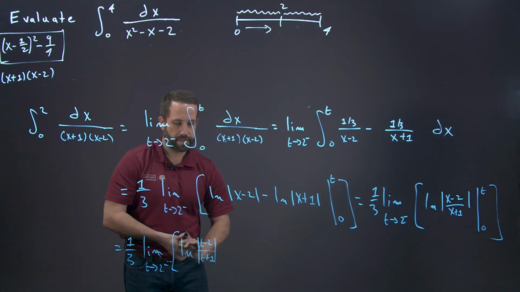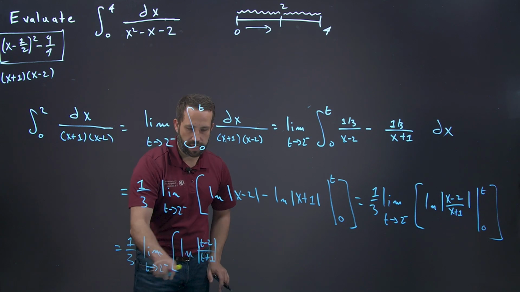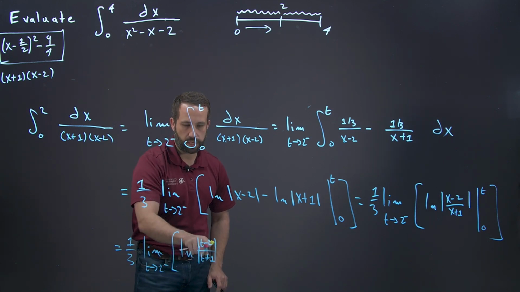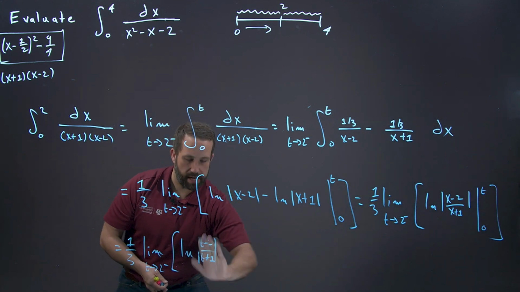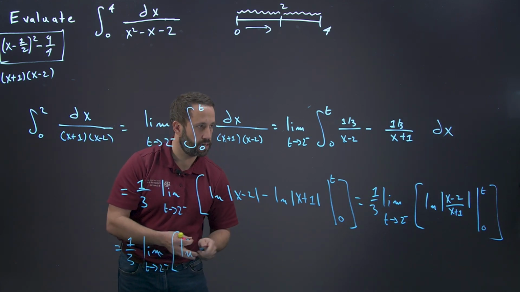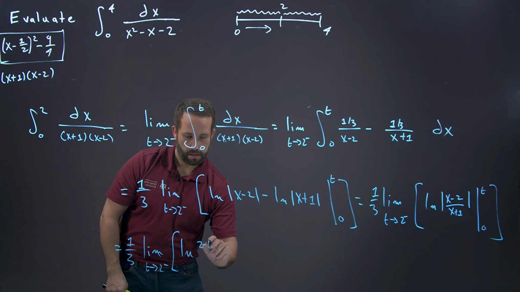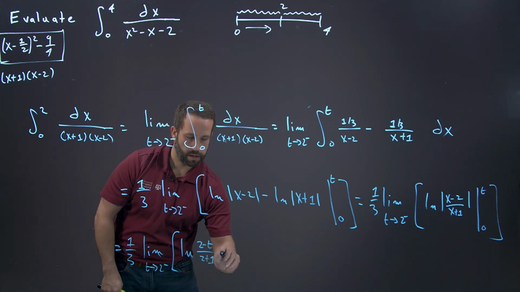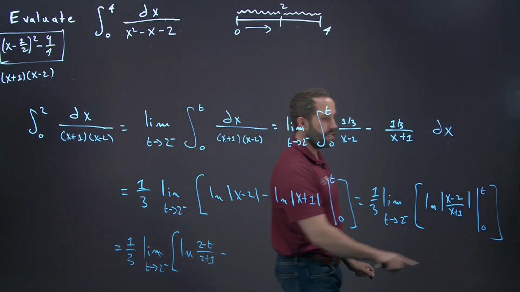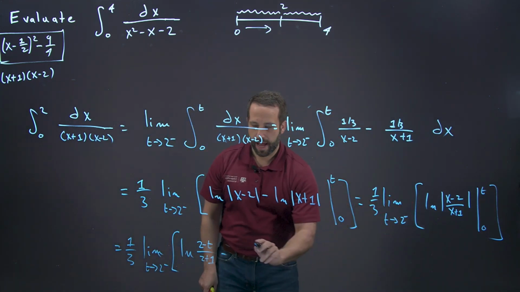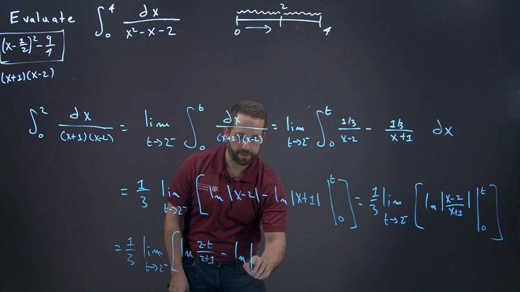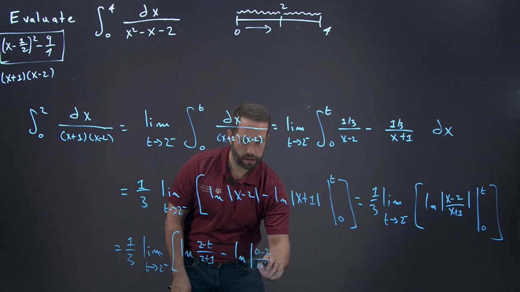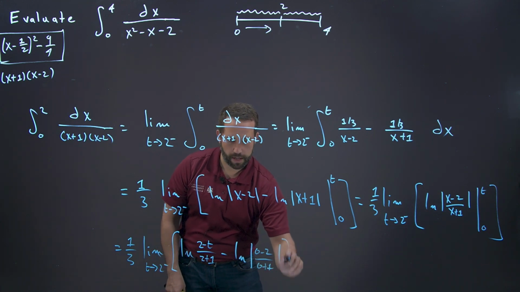Notice for these values of t, t plus 1 is always positive. t is less than 2, so t minus 2 is negative. So this is just 2 minus t over t plus 1. And then minus, if I plug in 0, I'm going to get the natural log of the absolute value of 0 minus 2 over 0 plus 1.